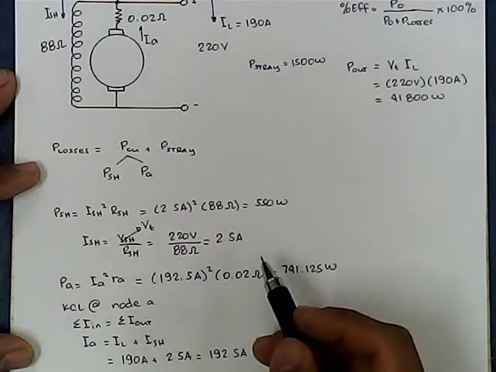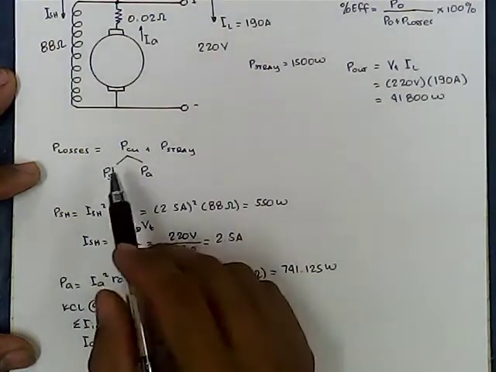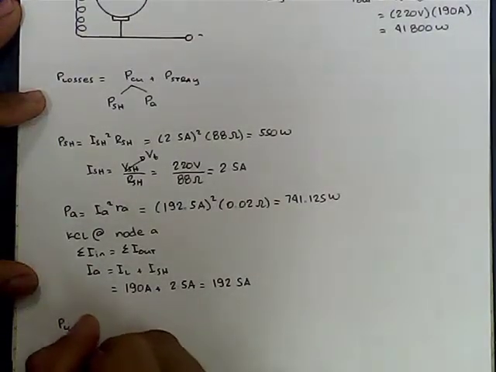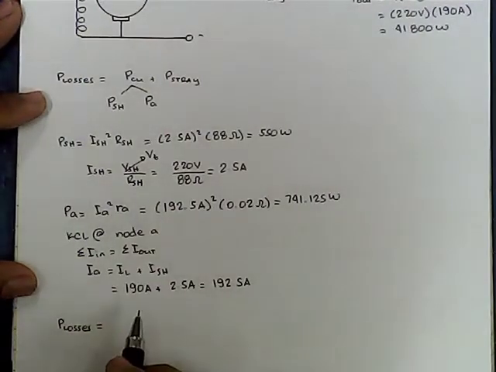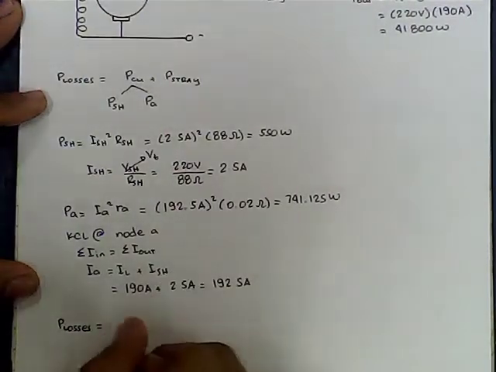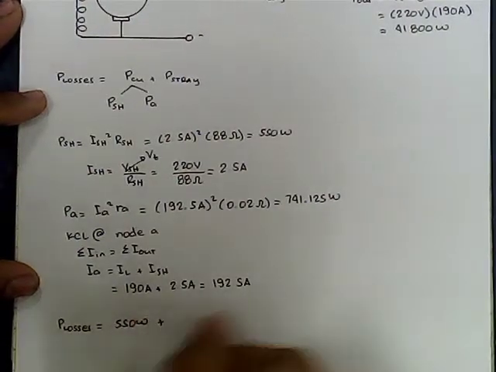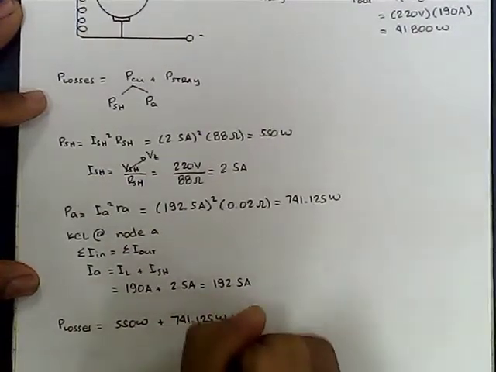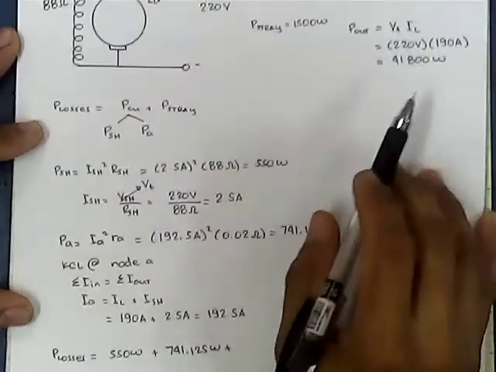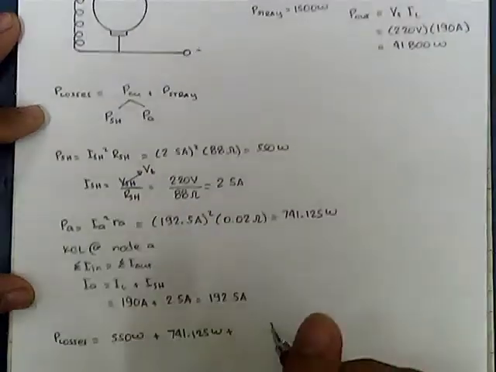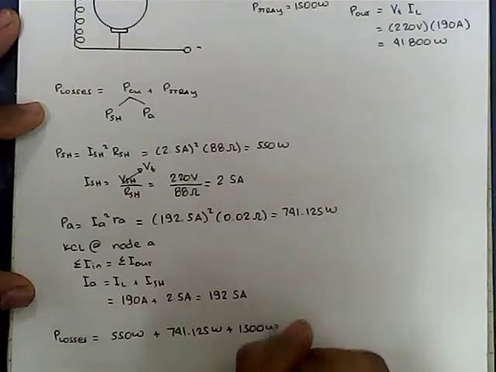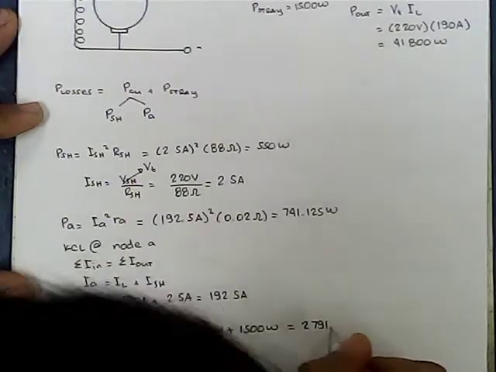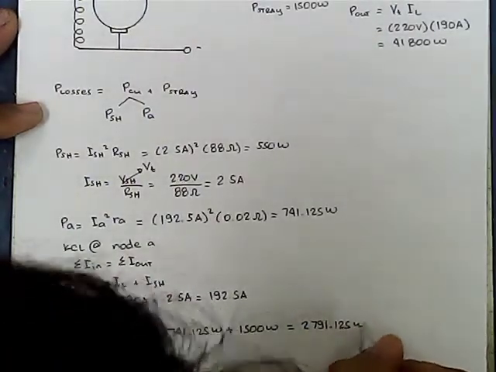Yan, kompleto na yung given natin. Substitute na natin dito sa formula na to. We have power losses equals PSH is 550 watts plus armature copper loss 741.125 watts plus stray power loss we have there 1,500. 2,791.125 watts.